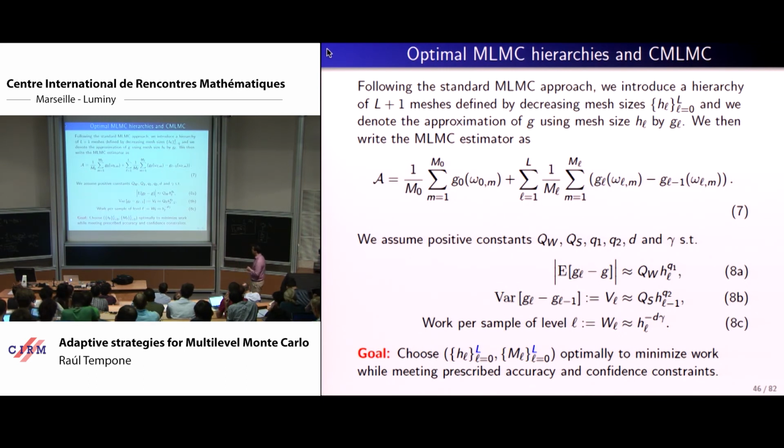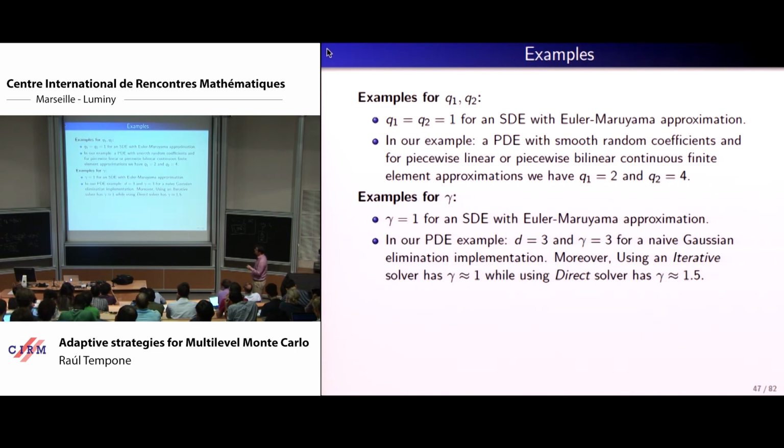As you know, the constants and the Q's here will depend on the problem and the solver, as we discussed before. And these are just a couple of examples, right? In Euler-Maruyama, you have Q1 equal to Q2 equal to 1. And if you have the other PDE example, we already discussed that Q1 was 2 and Q2 was 4.